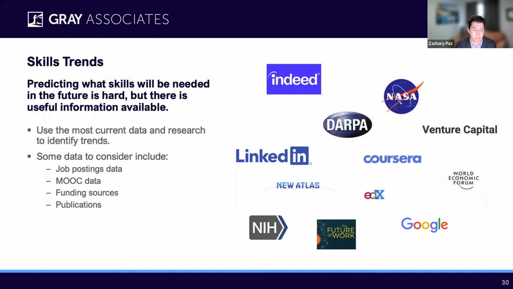Very current information from job boards like Indeed or even LinkedIn can give you insight into the more requested skills, and that can help you project what's going to be needed in the workforce. So understanding the very current needs from employers in the market is helpful when you're projecting what curriculum you're going to need for your programs.